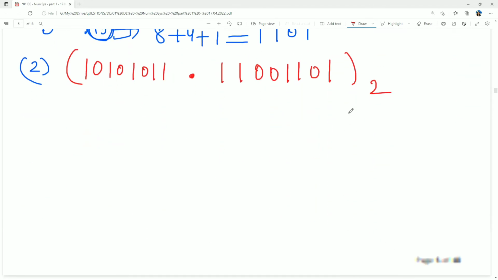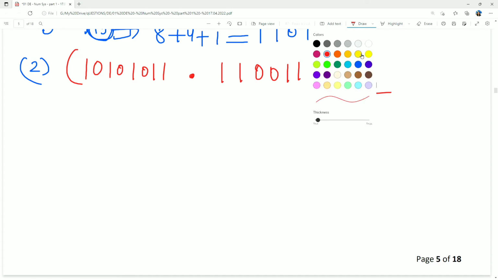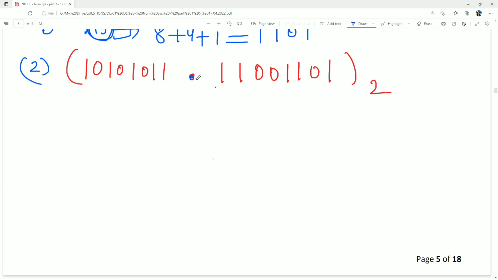Now, as I told you, you need to make groups of 3 digits. So you need to make a reference point, which is this decimal point. Now start to make groups of 3 digits by taking it as a reference point.